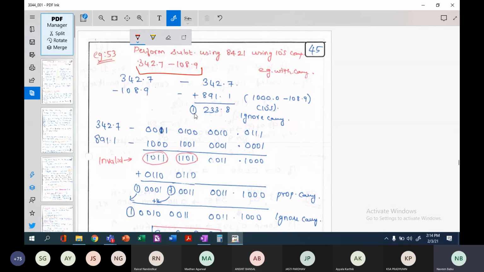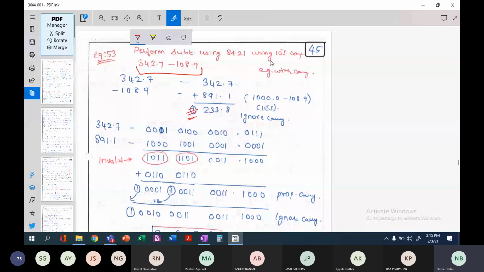Please recall the difference between the tens complement and nines complement. In tens complement, we ignore this carry. How do you remember? 10 is a big brother of 9. Am I right? Which means elder. So he is ignoring small things.